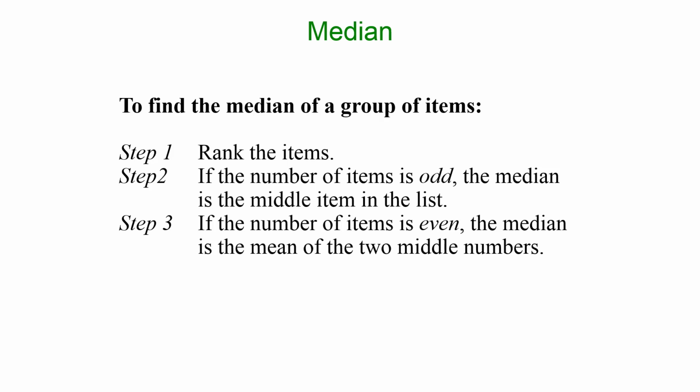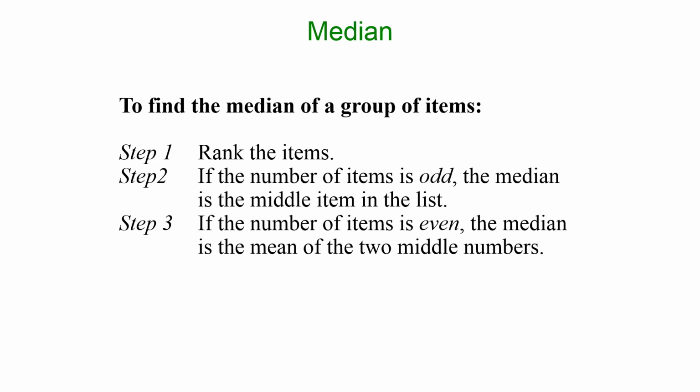The challenge is to find the position that is the middle, because if you have a small data set, it's very obvious. If you only have 3 numbers, the second one is the middle number, right? But if you have a lot of numbers, let's not use 150 because that one's too easy to do in your head, but let's say we have 133 numbers, figuring out which number is the middle position is going to be the challenge.